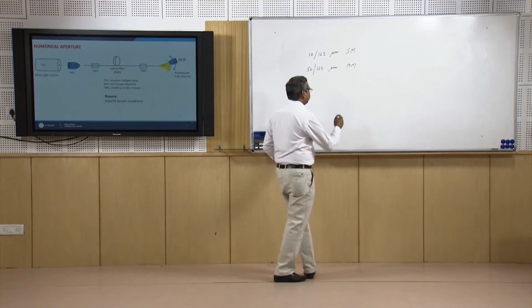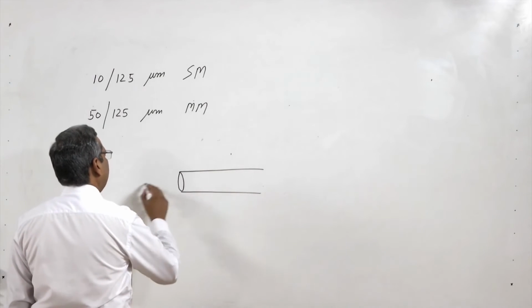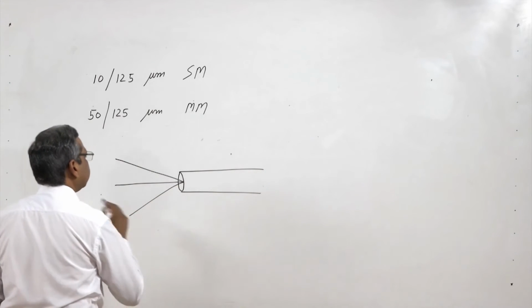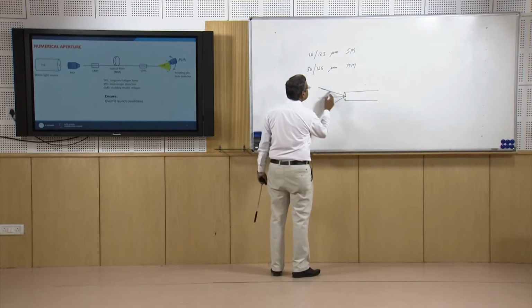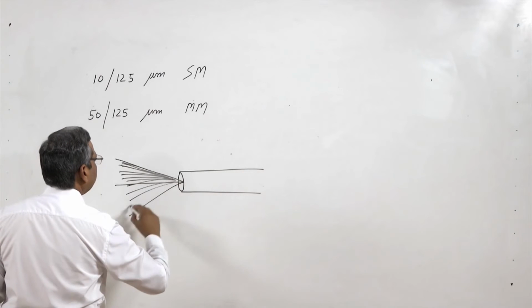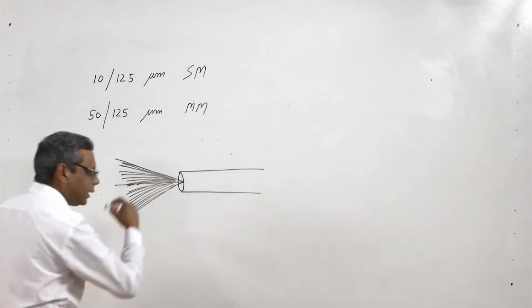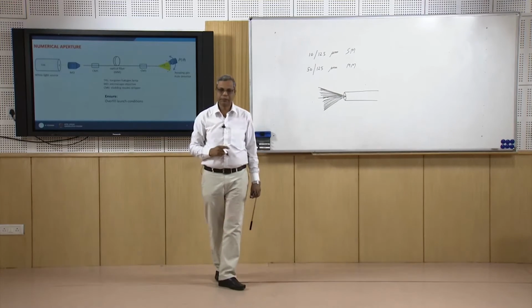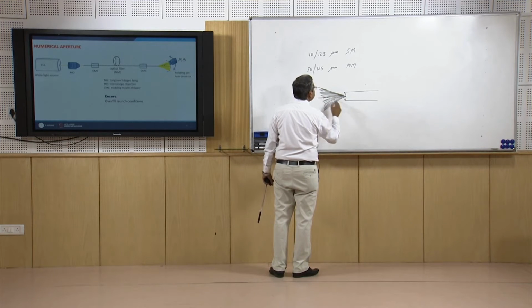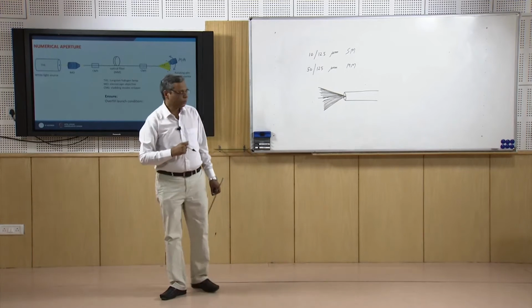If you have a fiber like this and this is the cone of guidance, in order to fill this completely, you can use a white light source, so that this forms a continuum. Otherwise, you have guided modes which are discrete. So, in order to completely fill this numerical aperture, you should use a white light source.